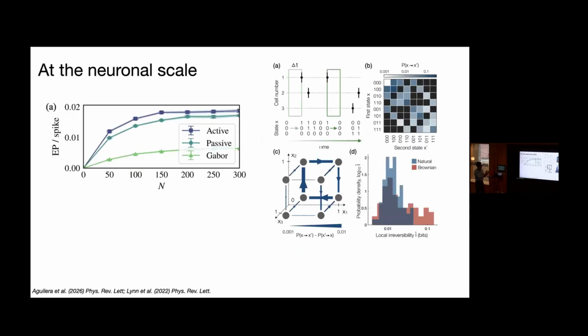Okay, so that's at the neuroimaging scale. At the neuronal scale, people also did this. There were a couple of papers. This one came up with a more complicated decomposition, but I'm not going to focus on that. I wanted to focus on this idea of where irreversibility comes from at the neuronal level. So they took salamanders who were watching natural movies, which are irreversible, and Brownian movies, which are reversible.